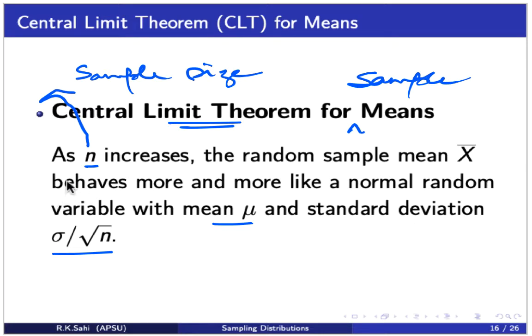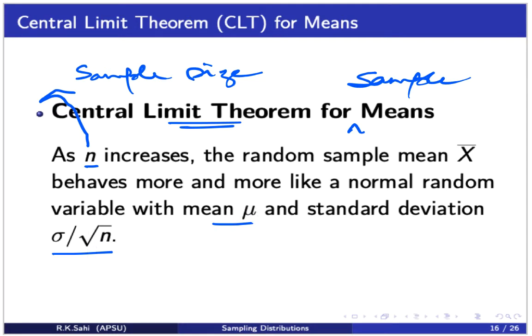It simply says as n increases, that is the sample size, the random sample mean, which is denoted by x bar, behaves more and more like a normal random variable with mean mu and standard deviation sigma over square root of n.